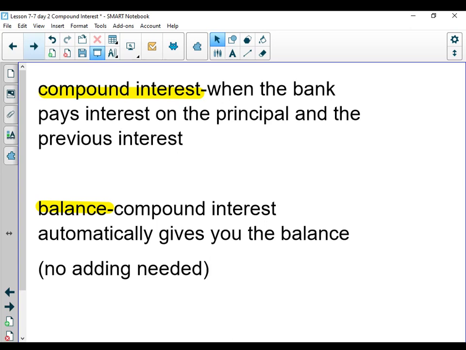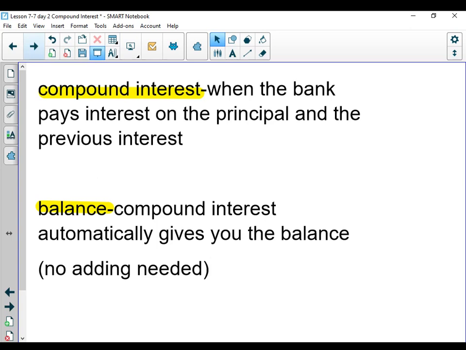It gives you the balance right away. So you don't have to do that second adding step from yesterday. A little bit nicer because it's just one step. You do not have to do another step of adding. In the formula, you're going to see the adding sign already in there.